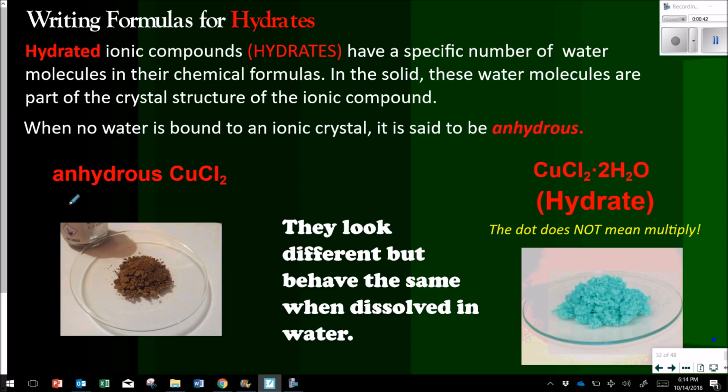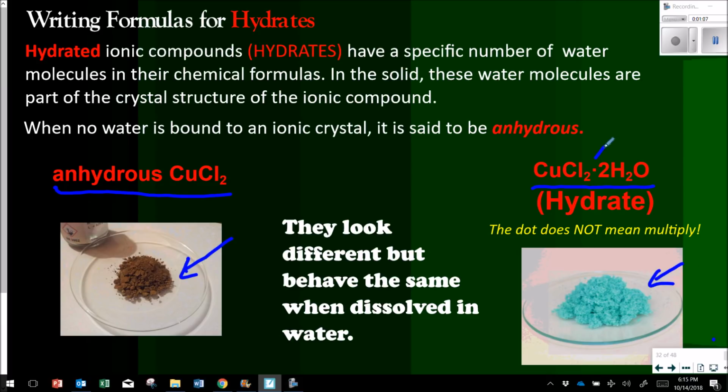So in the pictures, we have anhydrous copper-2 chloride, which is a brown crystal solid. But when we have the hydrate, which is copper-2 chloride dot 2H2O, it becomes a blue crystal solid. You can see that they look quite different, but they will behave in the same way when dissolved in water.